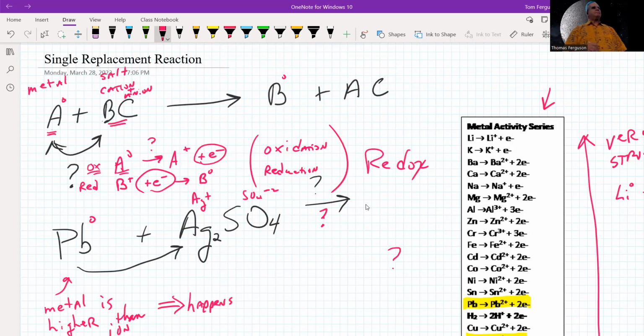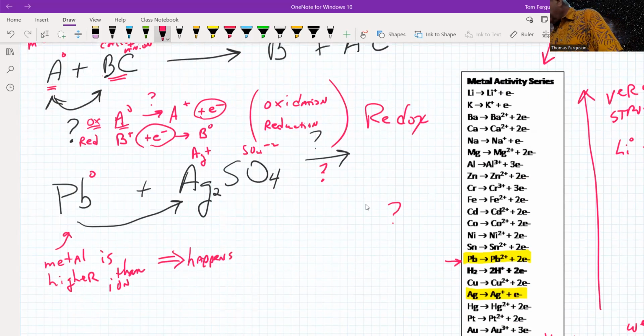It happens. So let's find lead. The lead's right here. Silver's right here. So because the metal is above the silver, the reaction happens.